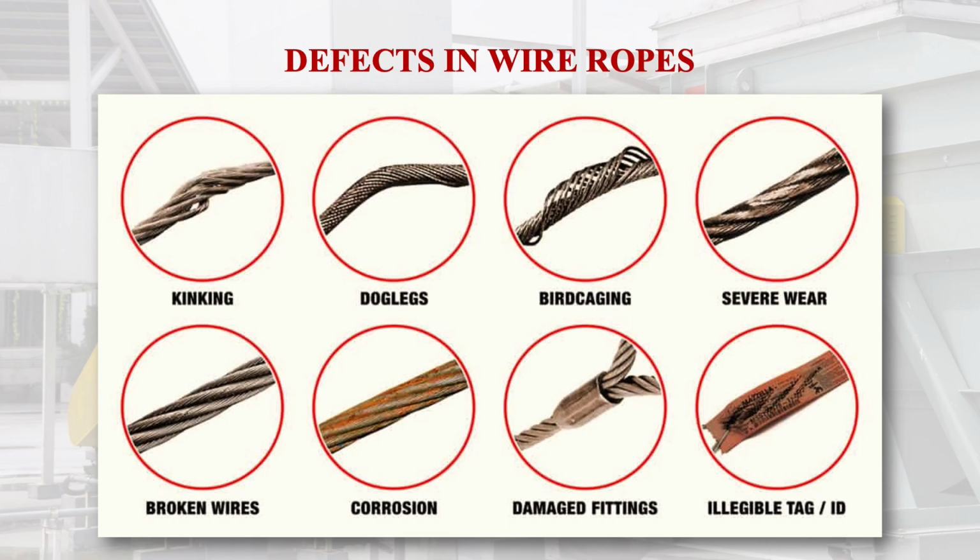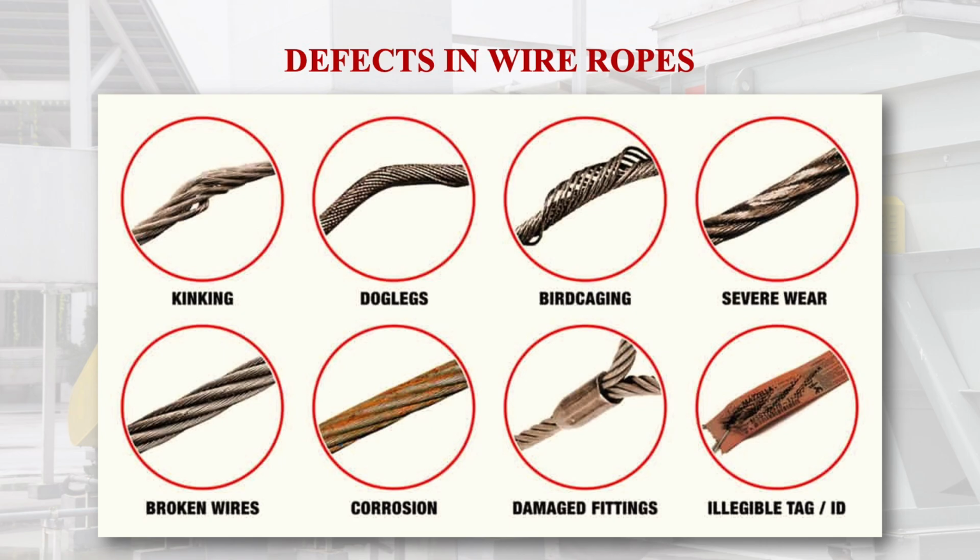These are some defects in wire ropes. There may be so many defects, but some which are commonly seen in wire rope and ignored due to lack of knowledge are listed here. If we move from the left hand side in the figure, kinking is one of the defects, as it is already visible that one strand is coming out of the wire rope.